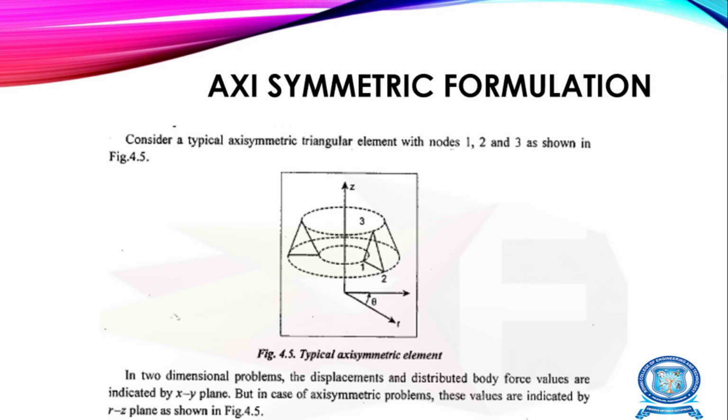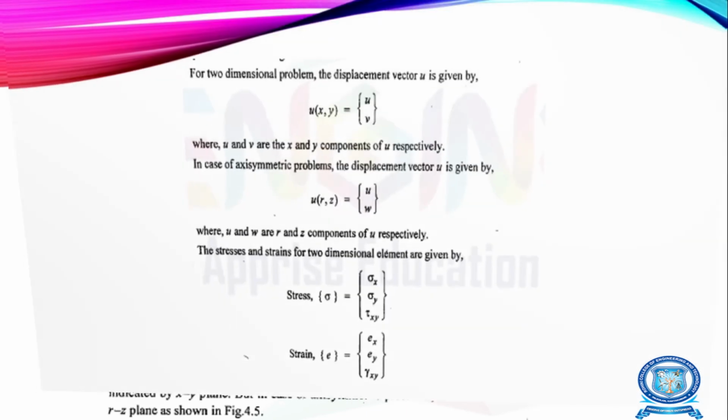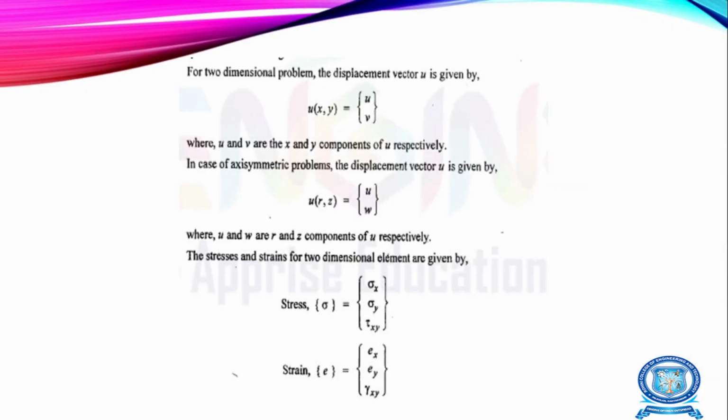Normally, in two-dimensional problems, the displacement and distributed body force values are indicated in the xy plane. But in axisymmetric problems, the displacement and body force values are indicated in the rz plane. For a two-dimensional problem, the displacement vector is given by u of x comma y, equal to the vector of u v.